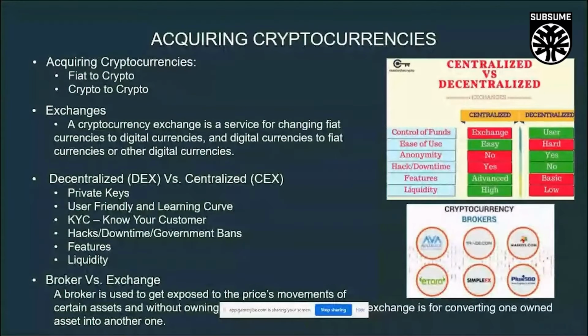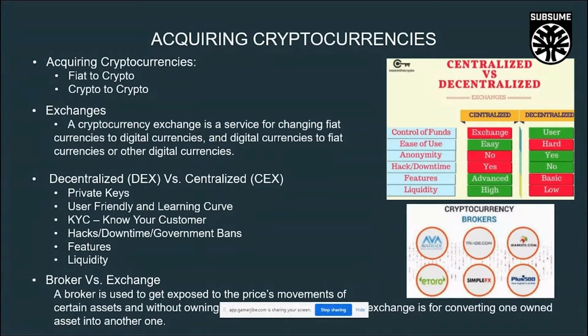The pros of centralized exchanges are that they're easy to use. They usually have really great interfaces. They're definitely user friendly, less of a learning curve, those type of things. With the decentralized exchanges, they tend to be a little clunkier.